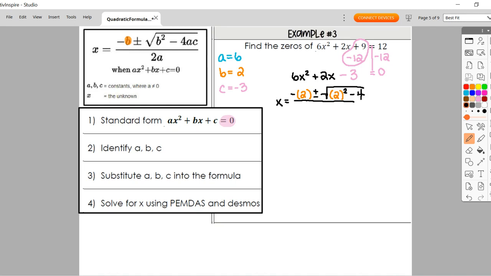Then I'm going to keep going with my formula, minus 4, but then after 4, I'm going to have a parentheses of a, which is 6. And next to my parentheses of 6, I will also have my c multiplied as well, which is negative 3. Last but not least, I will have the denominator here be 2. That's part of my formula. And in place of a will be a parentheses 6.